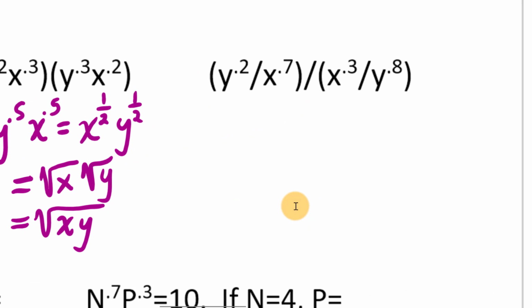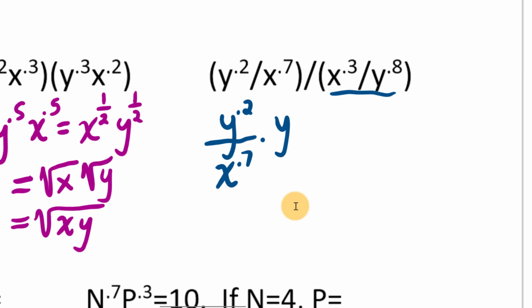All right, now here we have a fraction with fractional exponents divided by another fraction with fractional exponents. So what are we going to do here? Invert and multiply. So y to the 0.2 divided by x to the 0.7 times the inverse of this. So we have y to the 0.8 and we have x to the 0.3.